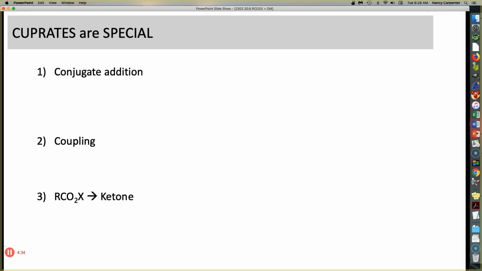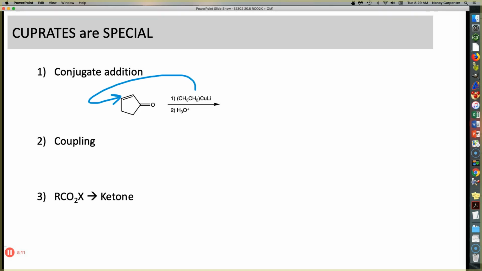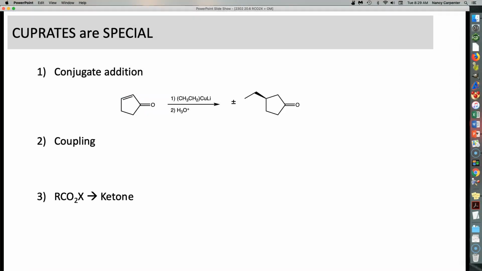Cuprates do conjugate addition. So for example, when I add diethyl cuprate to an alpha-beta unsaturated carbonyl, I get 1,4 addition, and ultimately after workup, addition of my nucleophile, my R-, at that gamma carbon.